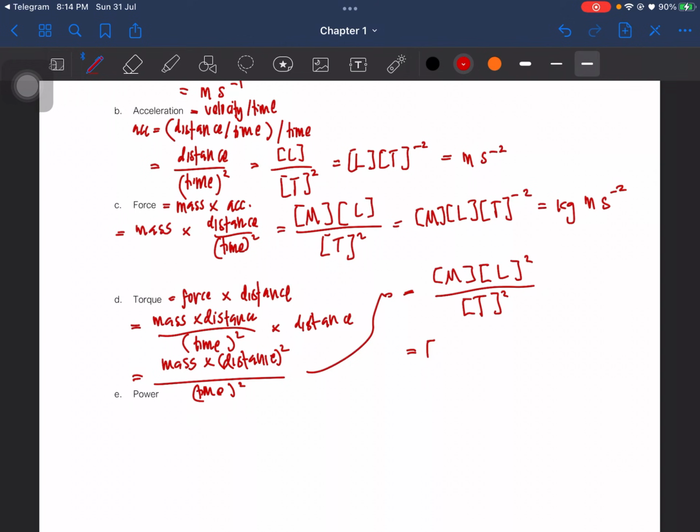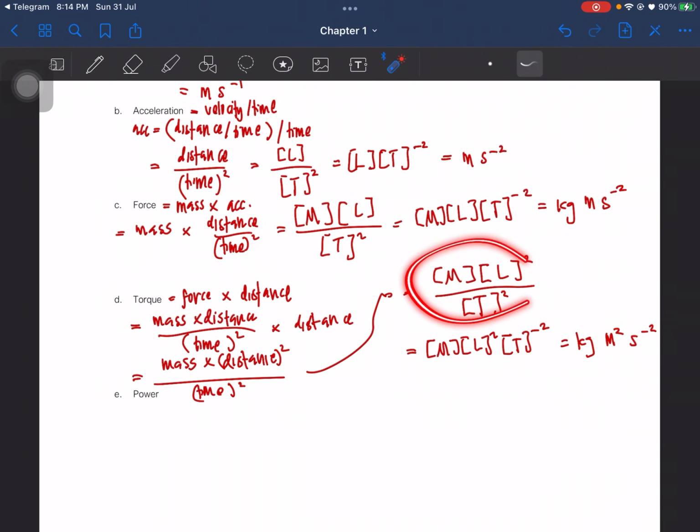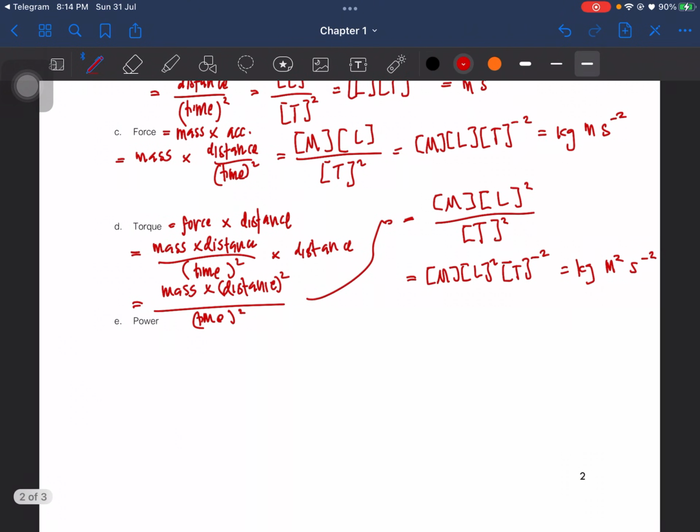So this is M L squared T negative 2, which is kilogram meter squared second negative 2. If you just want to end here and directly write this, that is also fine.